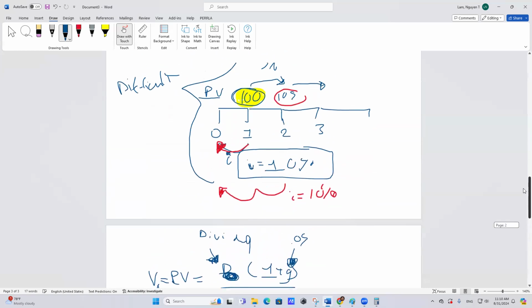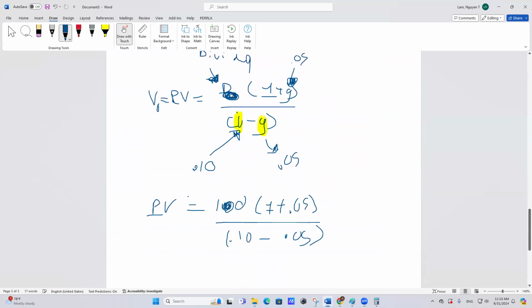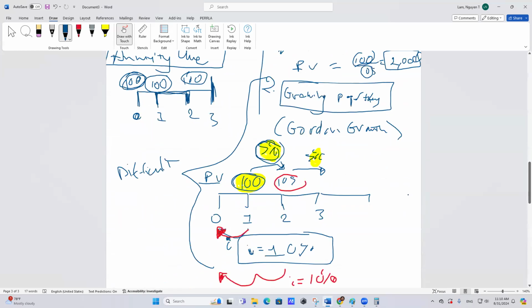But the question is, where does that present value lie on this timeline? Is it right here, or is it right here? Is it in year 1 or is it in year 0?